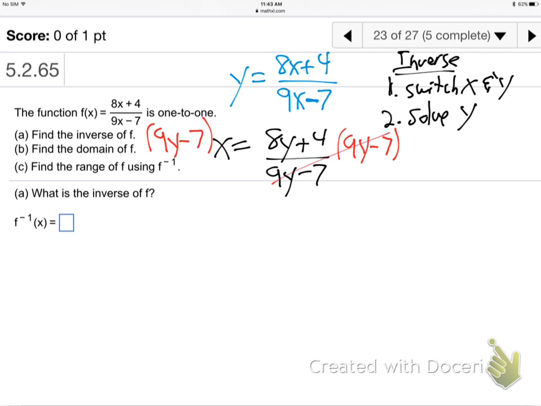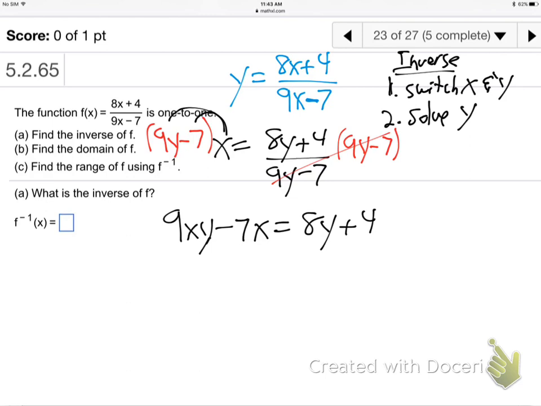Cancels out. Am I good? And then this x is going to distribute: 9xy minus 7x equals 8y plus 4.